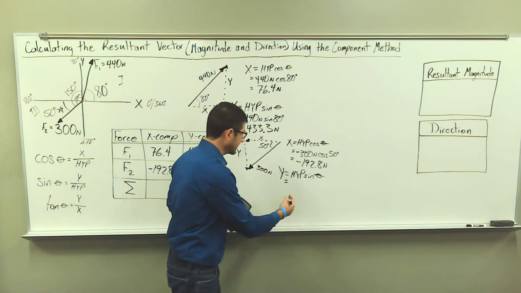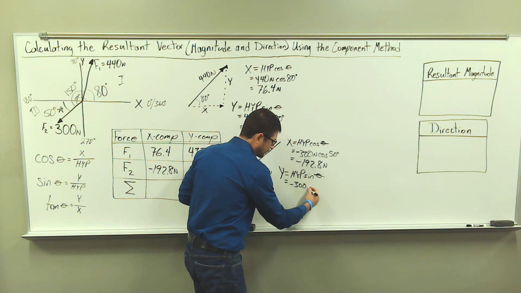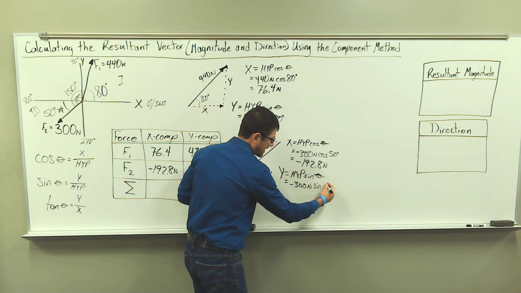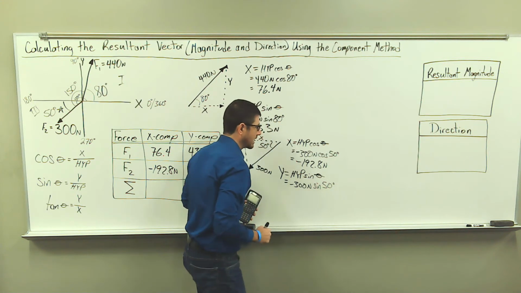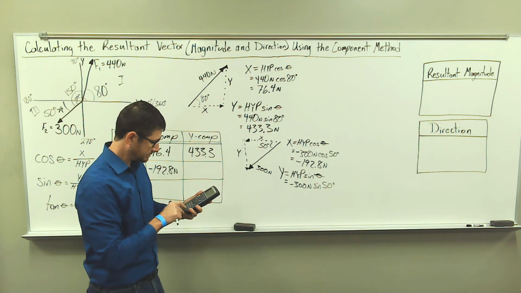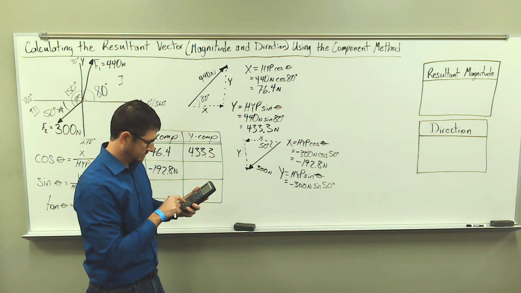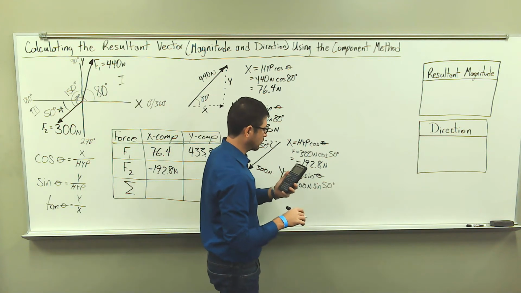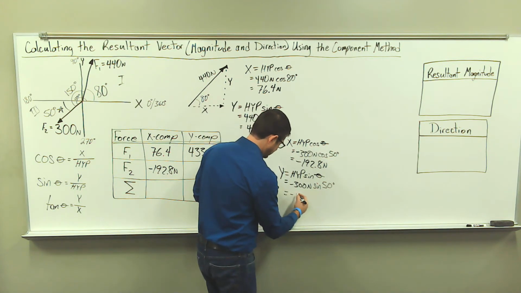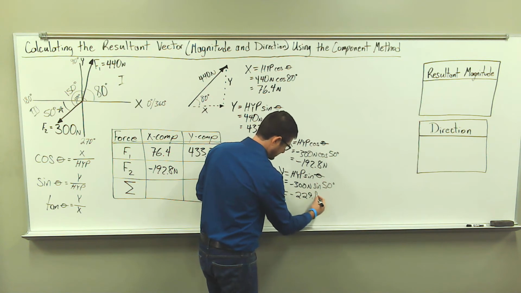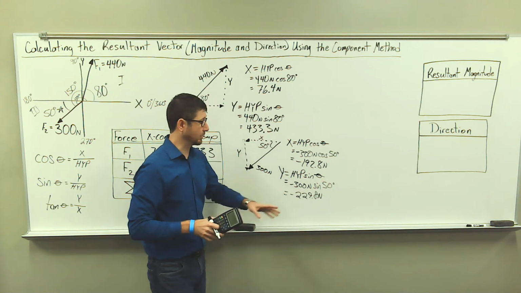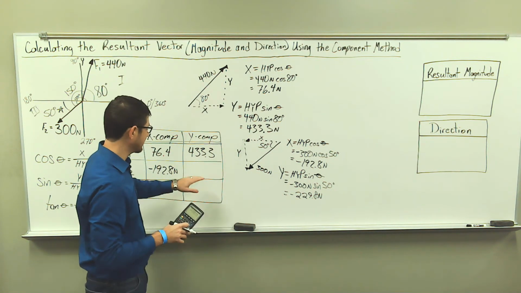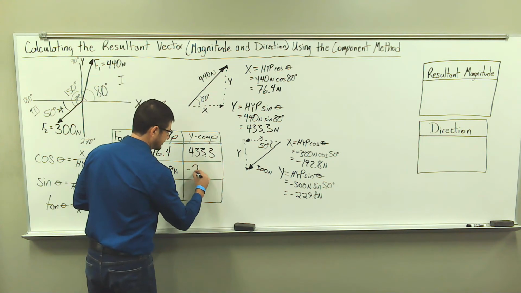So we have negative 300 newtons times sine of 50 degrees. And I get negative 229.8 newtons. Now we need to go ahead and transfer that value into our table.